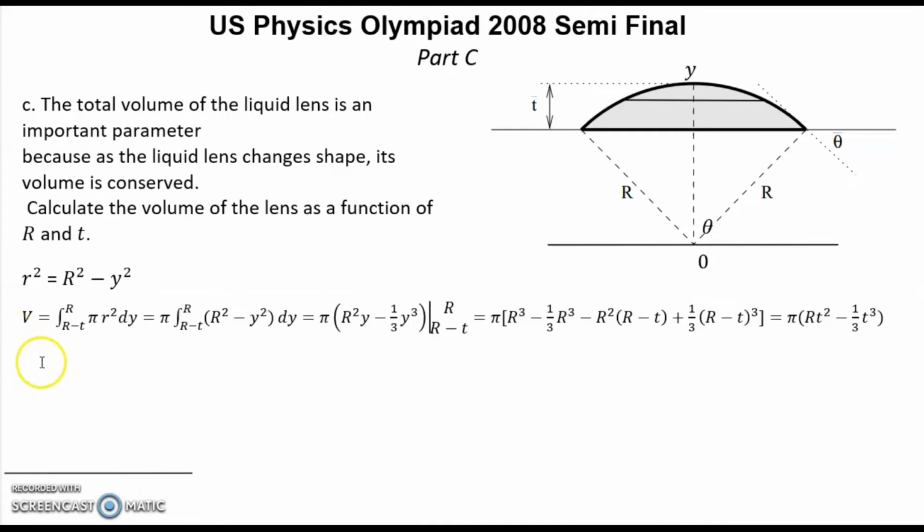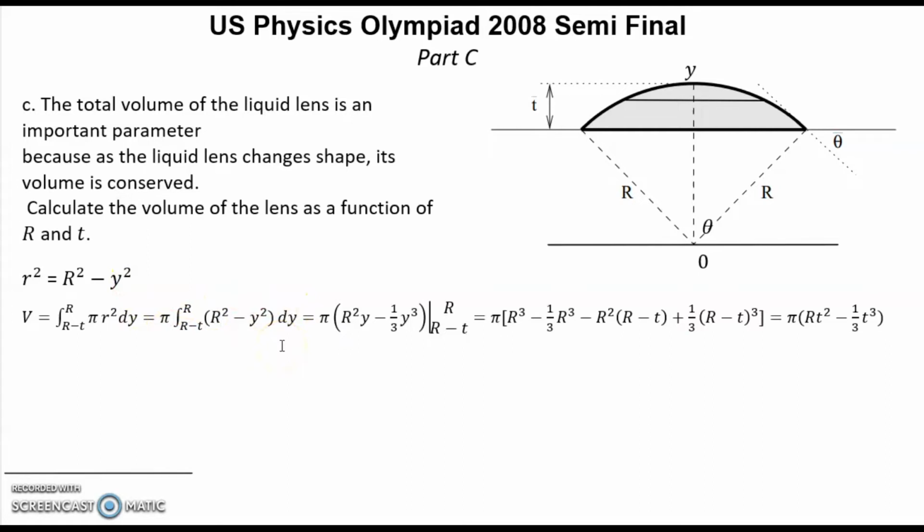Volume equals integral of pi r square dy, and limits are from r minus t to r. You can see it from this picture. So instead of small r square, we can insert r square minus y square, and we have this integral.